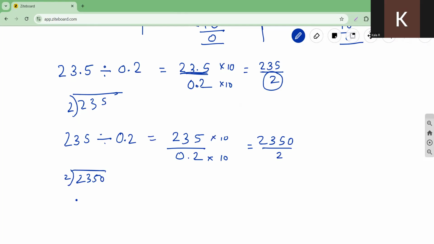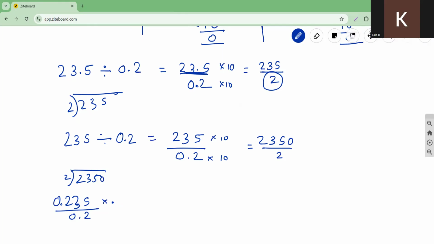What if you have a different kind of scenario, like let's say 0.235 divided by 0.2?